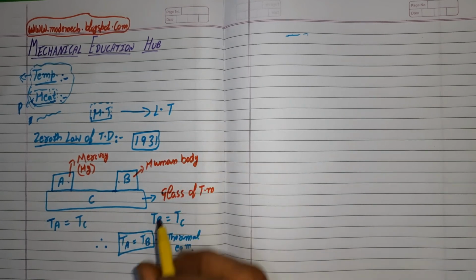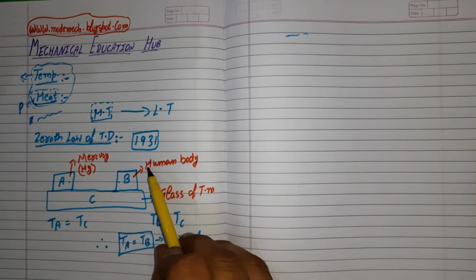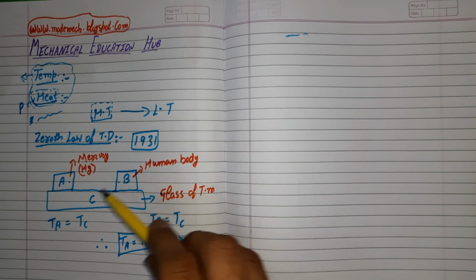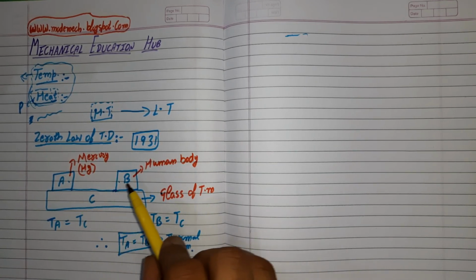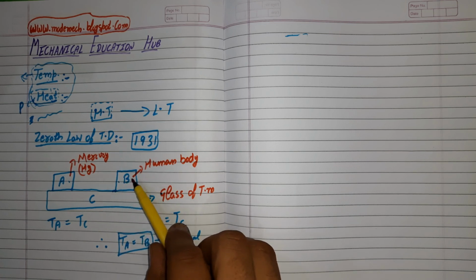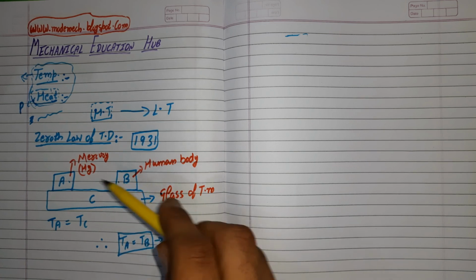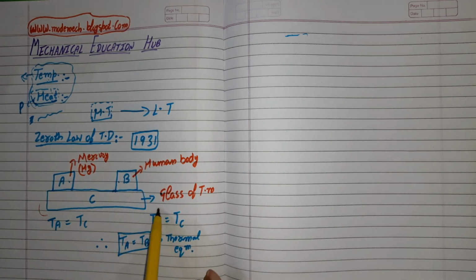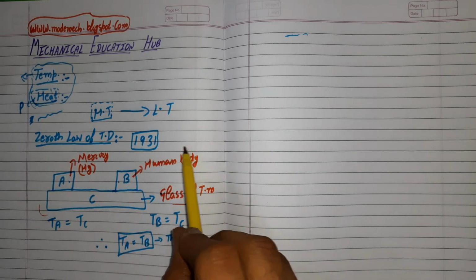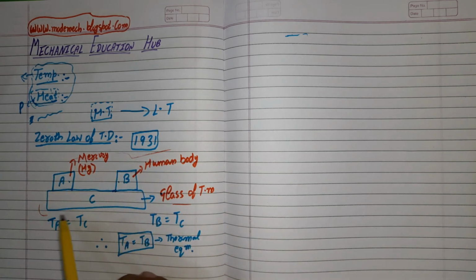In a thermometer, mercury is not in direct contact with the human body. Mercury is in direct contact with the glass, and the glass is in direct contact with the human body. So you can understand how the Zeroth law of thermodynamics works behind measuring the temperature of the human body.